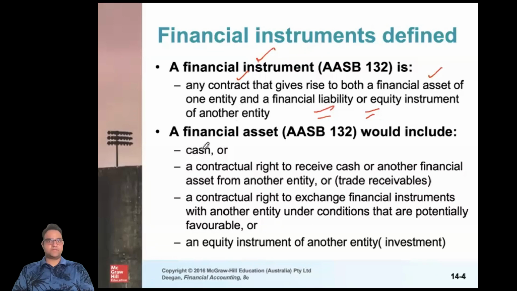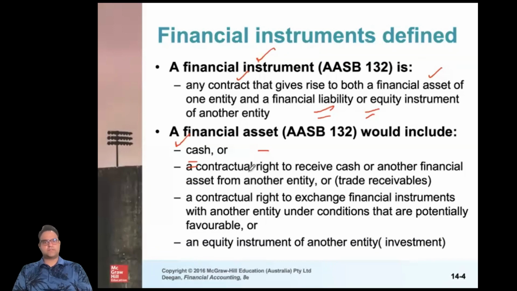Moving further, what are financial assets? There are several types which you have studied so far. There are primary financial assets and secondary financial assets. We'll discuss that later on. For the primary ones, you have receivables and cash at bank in your financial statement.